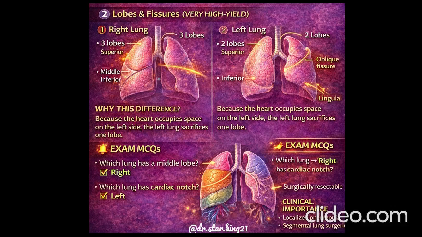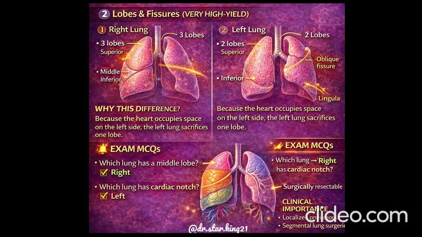So all the cardiac-related respiratory symptoms can be seen here. Why is this difference seen? Because the heart lies on the left side, the left lung loses space and one lobe, and develops the cardiac notch. This anatomical adjustment ensures efficient heart-lung coordination.